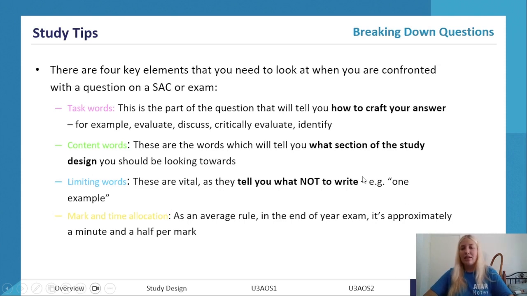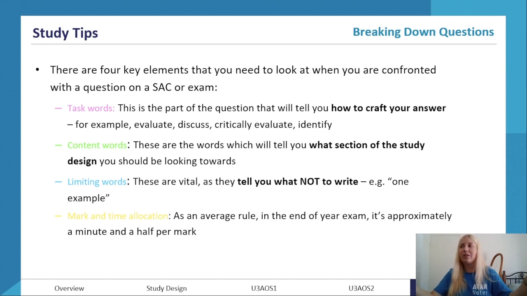For example, if a question says give one example of something, if you try to give two examples, you've just wasted your time because your response will not be marked past the point of the first example. Okay, so I see some students get really confused and they don't really know anything about the process.